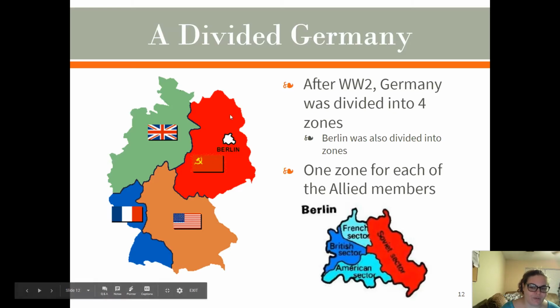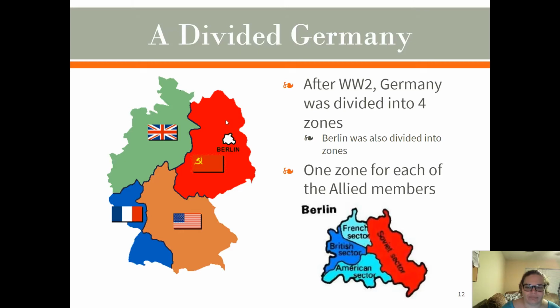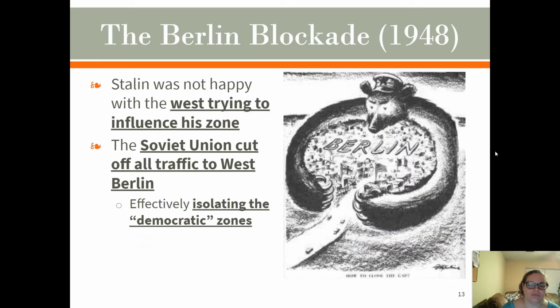Because it's a lot easier if you live right here, it's a whole lot easier to just go straight down into Berlin than it is to go all the way over into here. So Stalin tries to stop that. Stalin is not happy with the West trying to influence his Soviet zone.